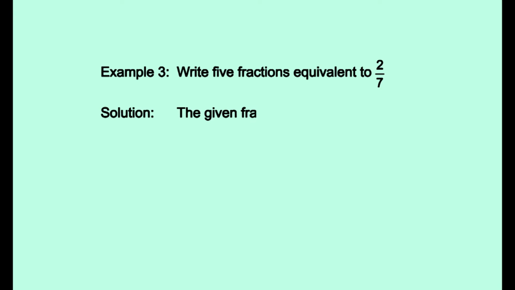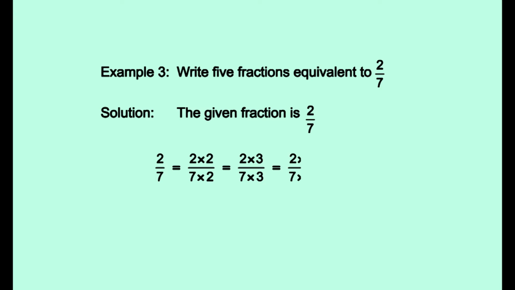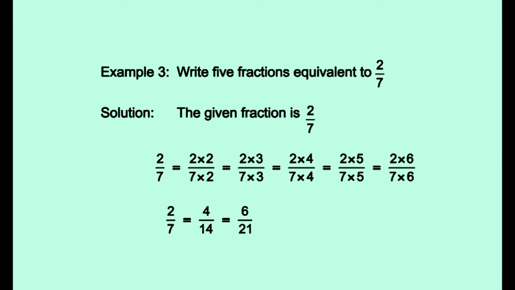The given fraction is 2 by 7. 2 by 7 is equal to 2 into 2 by 7 into 2 is equal to 2 into 3 by 7 into 3 is equal to 2 into 4 by 7 into 4 is equal to 2 into 5 by 7 into 5 is equal to 2 into 6 by 7 into 6. 2 by 7 is equal to 4 by 14 is equal to 6 by 21 is equal to 8 by 28 is equal to 10 by 35 is equal to 12 by 42.